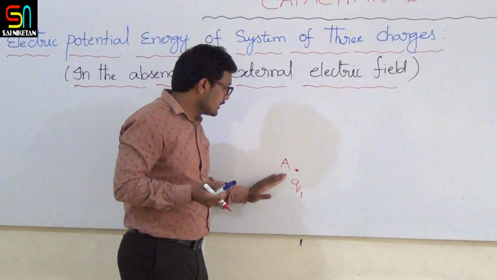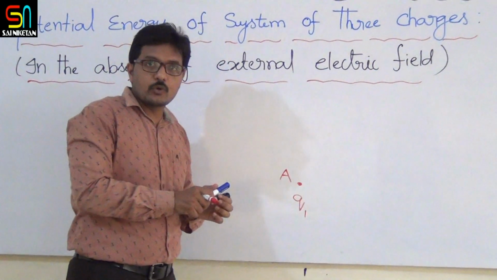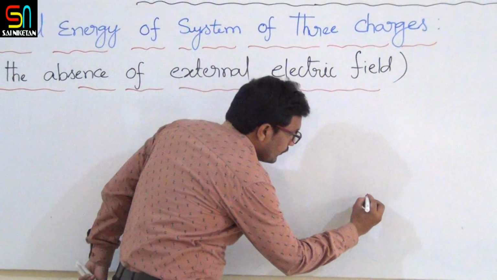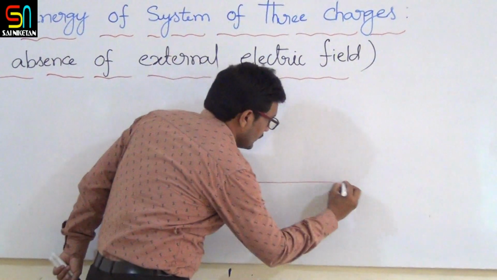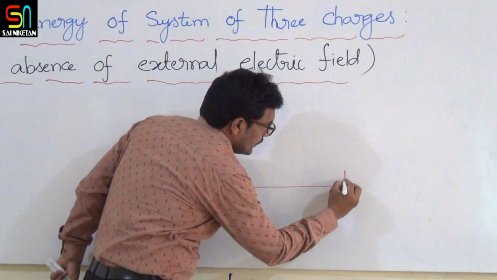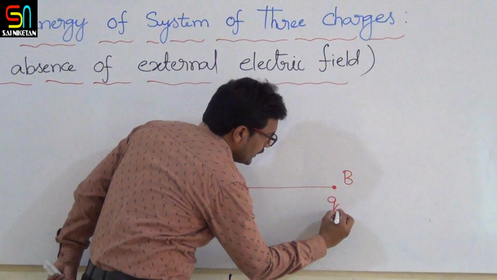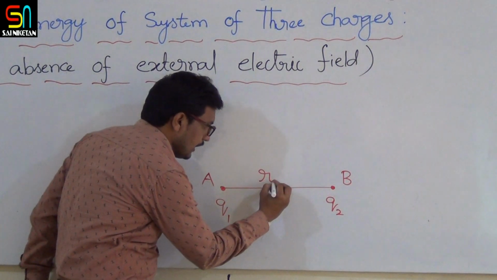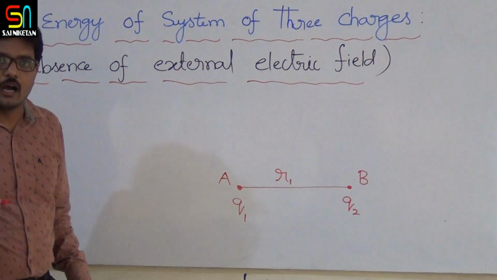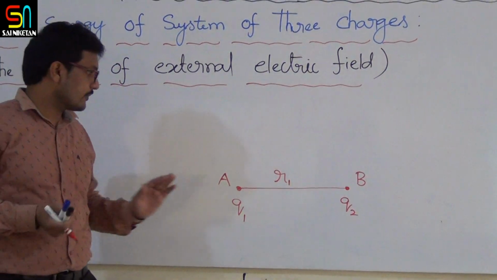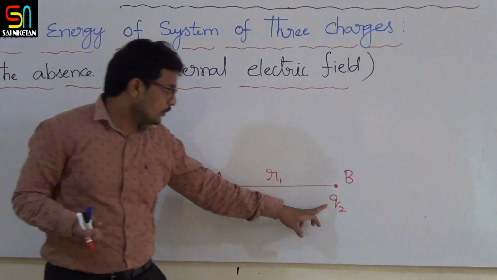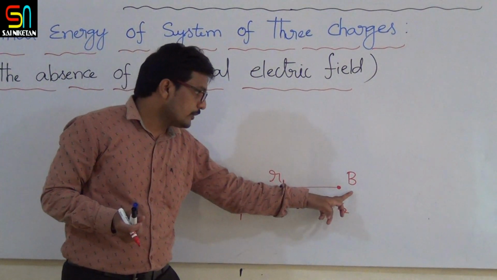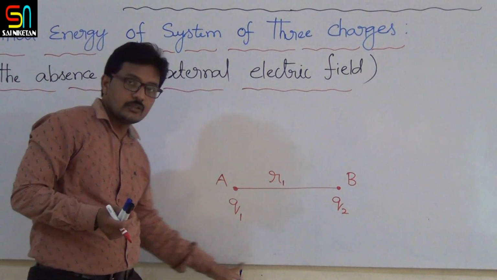When it produces the electric field, we want to bring one more charge. For that I will consider the charge Q2, which we want to bring to the point B, and the distance from Q1 to Q2 I am taking as R1. Now the charge Q2 we bring from infinity to the point B against the field.